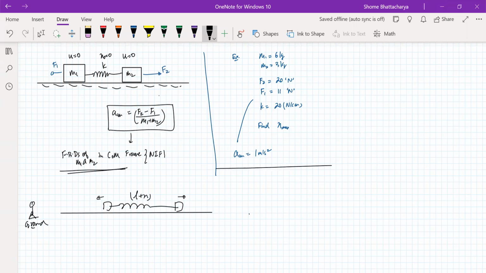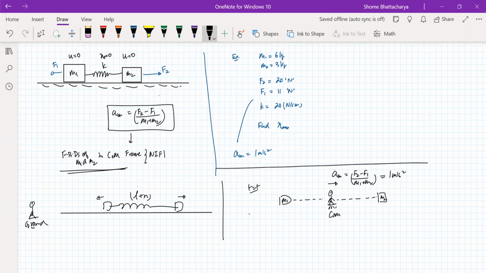But instead of this, I will now get into the center of mass frame. So I'm in the center of mass frame and I'm traveling with this acceleration, which is F2 minus F1 upon M1 plus M2, which for my numerical example has become 1 meter per second square. At some time t, in my frame, M2 and M1 have these forces acting on them: F2, kx, F1, kx, but along with that, they also have pseudo forces M1 ACM and M2 ACM.